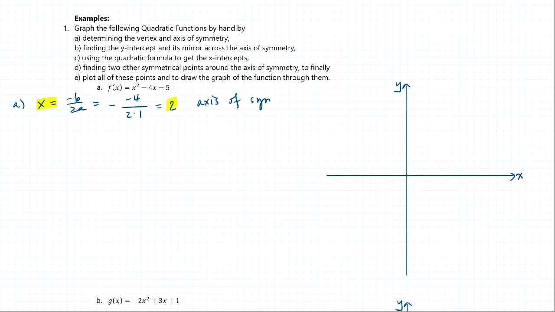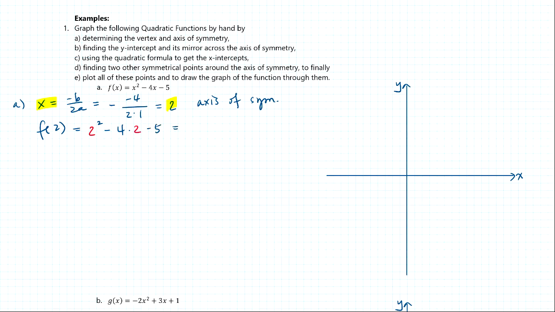And next, once we have the axis of symmetry, we can use the same formula to find the x-coordinate for the vertex. So that means we already know the x-coordinate for the vertex. And to find the y-coordinate, I can just use f of 2, because 2 is the x-coordinate that we found. If we find f of 2, we would get 2 squared minus 4 times 2 minus 5.